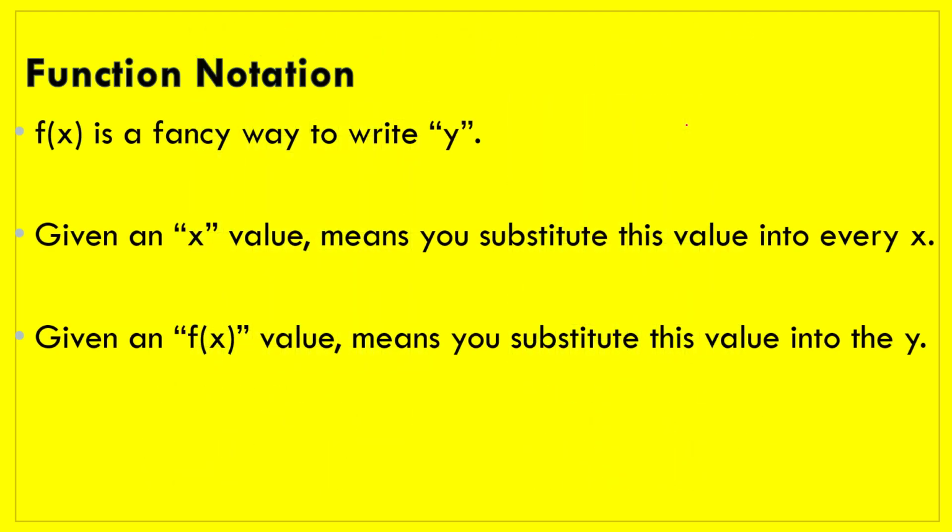Function notation, f of x, is a fancy way to write y. So if I have the equation y equals 2x, we can make it function notation very fast and very quick. We simply replace y with f of x. Whew. Slow down, Mr. Gable. That took a lot of work.